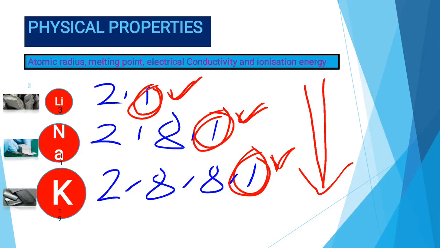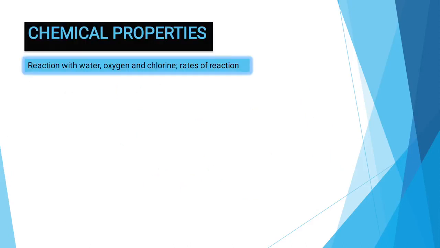Next, let us look at the chemical properties. How do alkali metals react with water? Before we begin, remember that their name is derived from the fact that when dissolved in water, alkali metals give a solution that is a strong alkaline.